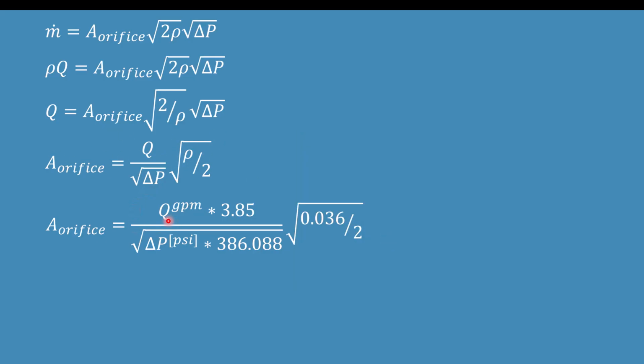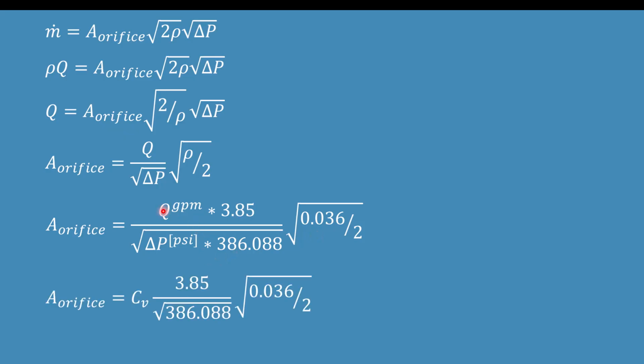Now that I have the conversion factors, I can put the flow rate in GPM and multiply it by the conversion factor. The same goes for the pressure drop, where I can use PSI if I add the correct conversion factors. And I put the density in pound mass per cubic inches.